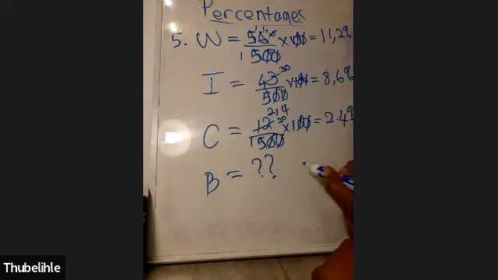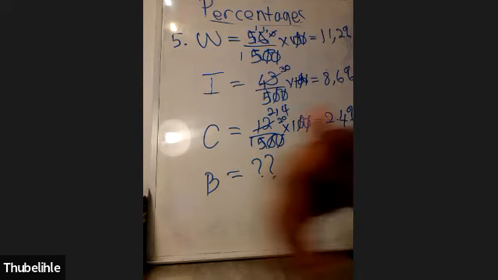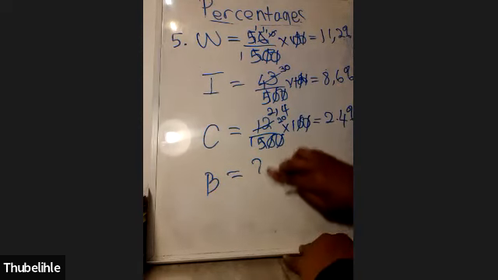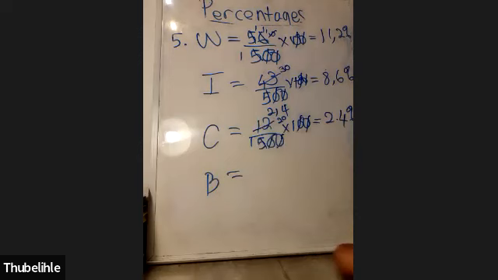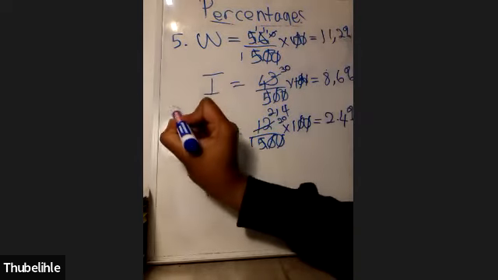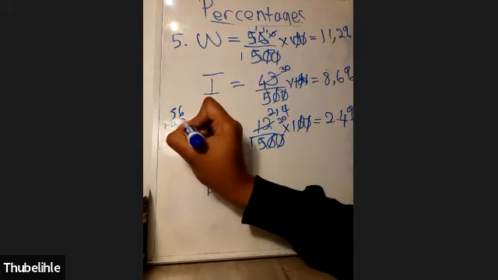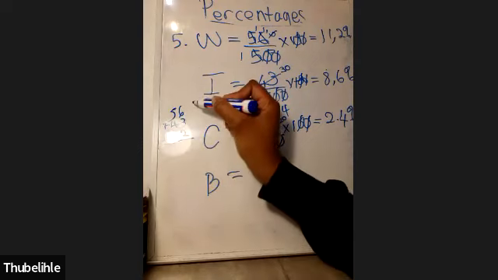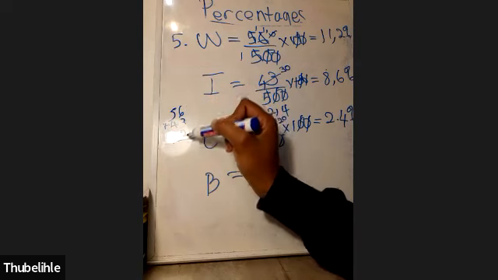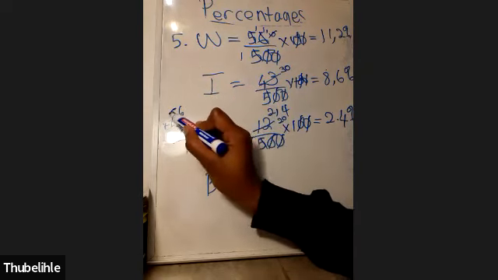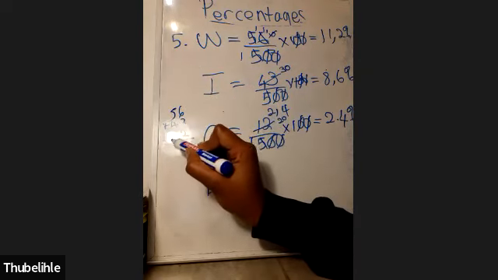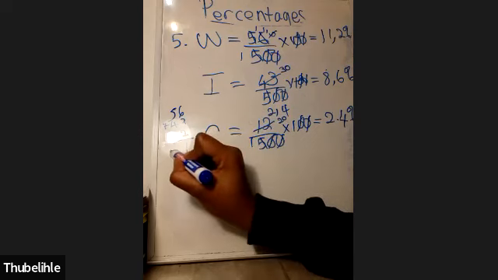Okay. So here now for the Black percentage in the population, we can either say method 1, we can say here on the corner 56 plus 43 plus 12. You get 6 plus 3, 9, plus 2, 11, 1 carry 1, 5 plus 4, 9, plus 1, 10, plus the 1 that we carried, 11.